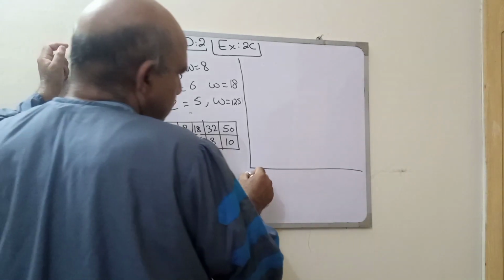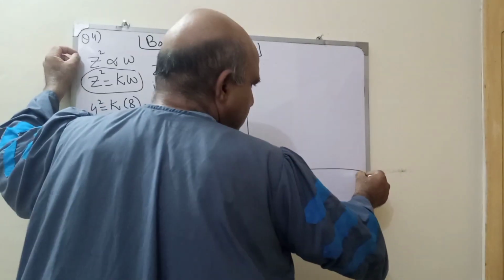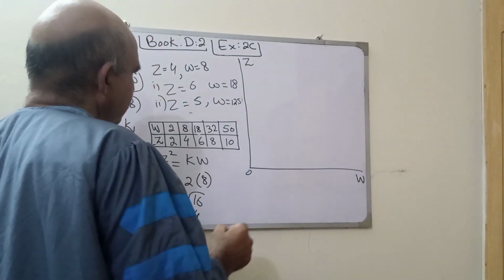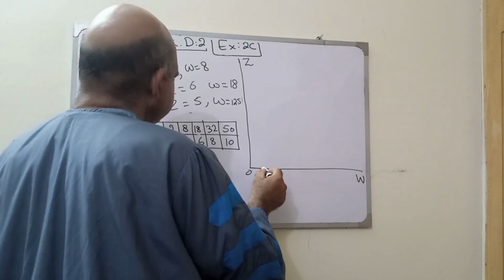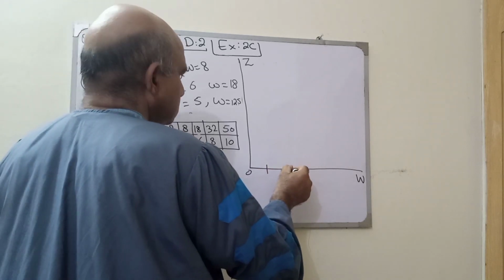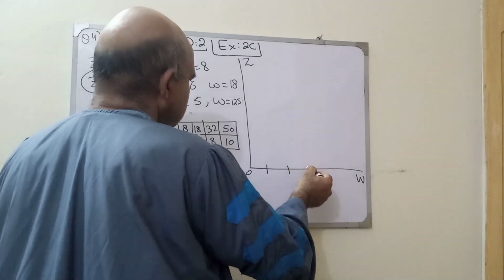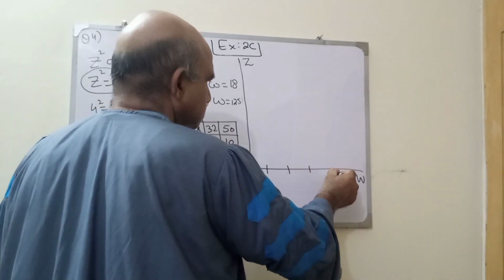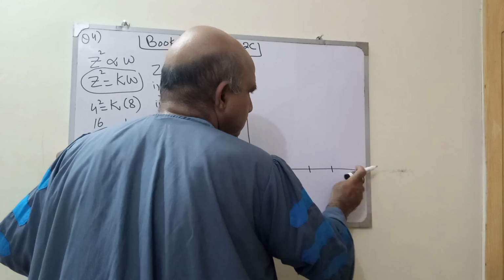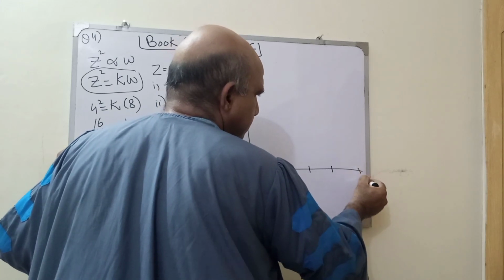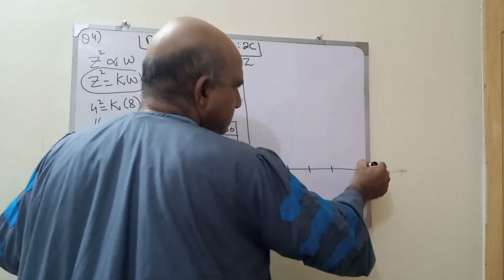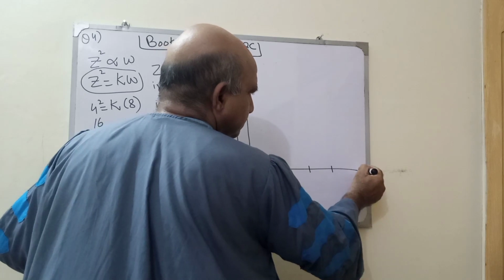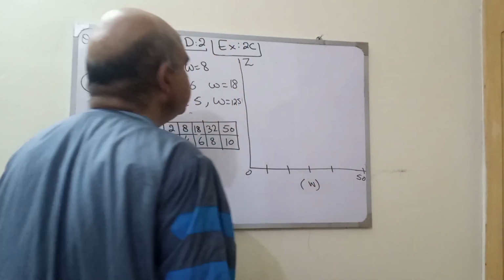Now here, this is where we draw W and here we draw Z, right? So here 2, 8, 18, 32, and this is 10. And I put it like this here. This is 10. Right?